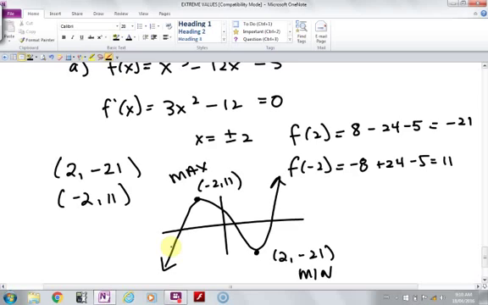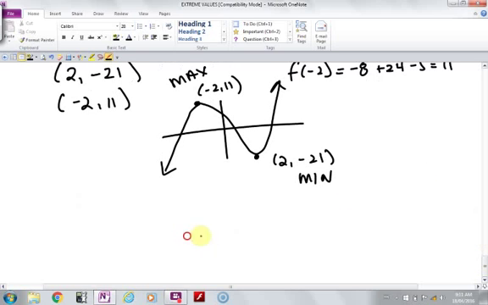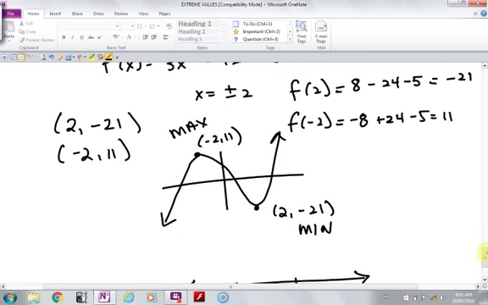Yeah? When you test a point, like say you weren't graphing it, when you test a point, do you dig into the derivative? And what are you testing it for? To find increasing or decreasing? Yeah. To find increasing or decreasing, we want to go into the derivative. So we didn't do that here because we knew what the shape of that graph was, but you certainly could. So you would put in your number line, your negative 2, your positive 2, and now you're going to test values into the first derivative.